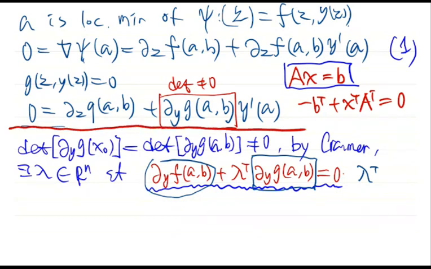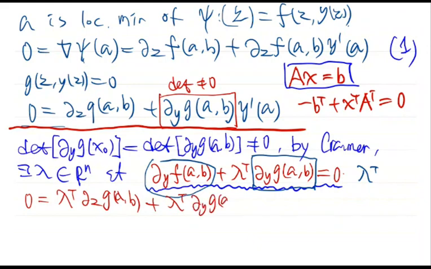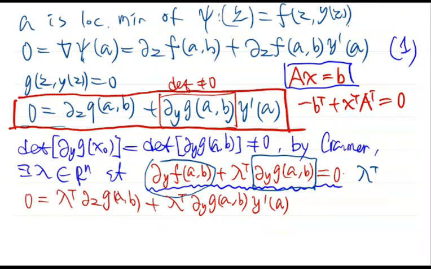We obtained 0 is lambda transpose times dz g at AB plus lambda transpose times dy g at AB, then y prime of a. Multiplying lambda transpose to this equality, to this red bordered equality, we obtained this equality.